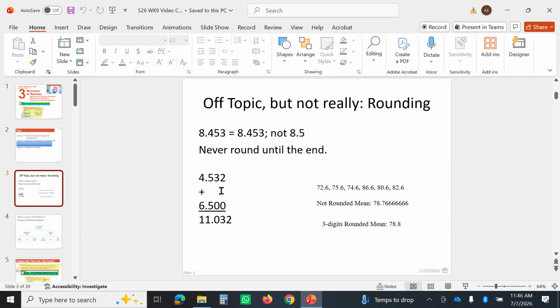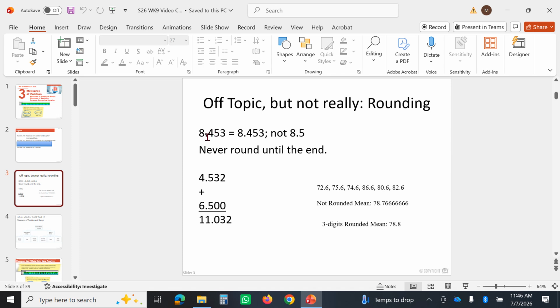Off topic, but not really: be careful of rounding. Never, ever, ever round until the end. You're going to see some procedures today that I really don't want you to round.